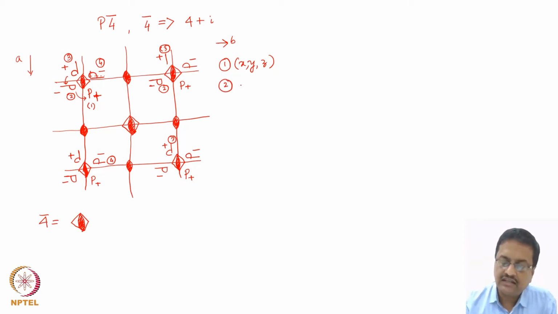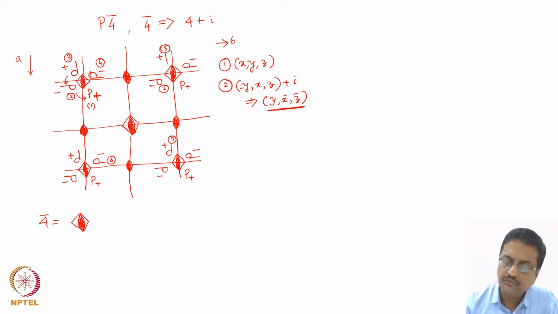In case of point number 2, we have rotated by 90 degree, that is, it has become minus y, x, z, and then we have applied I to it, which has essentially made it y, x bar, z bar. So this is the coordinate of 2.